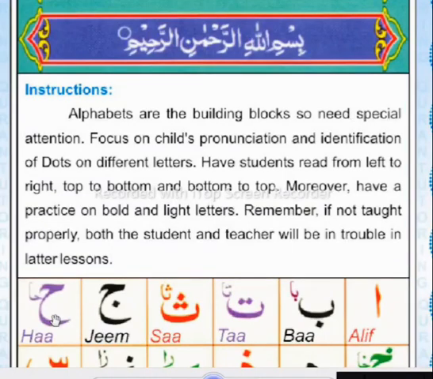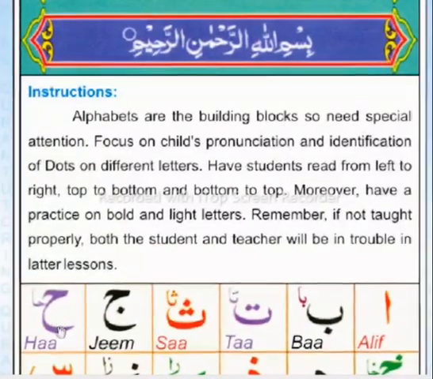The same is the case with the next letter, but the next letter doesn't have any dot. If it doesn't have any dot, the letter is also different. It is pronounced differently, and the shape is also different. By one dot, it can be different from each other. This is called Ha.